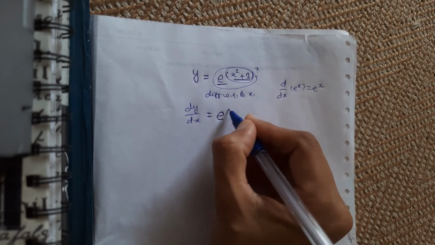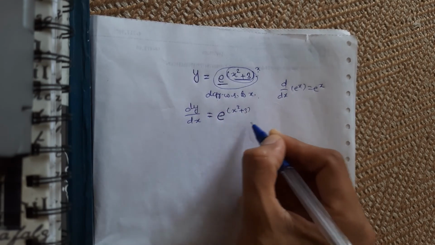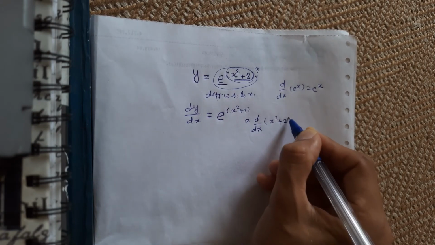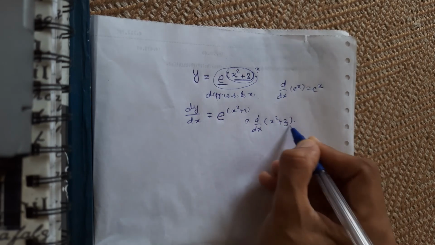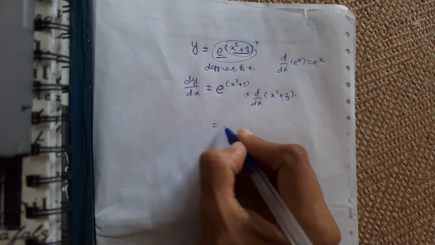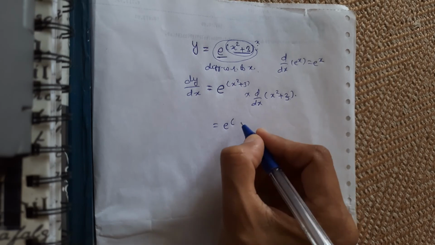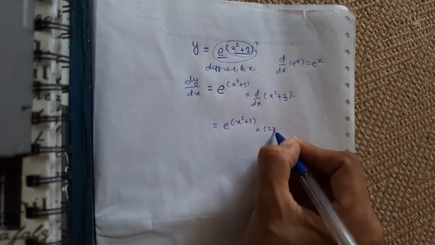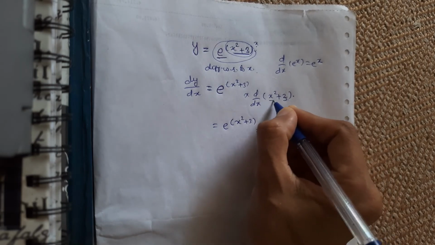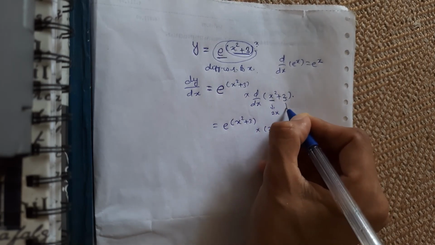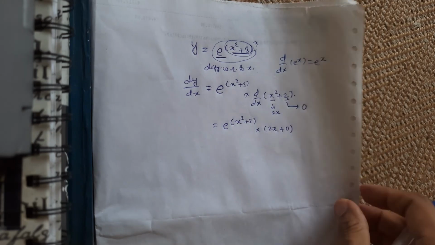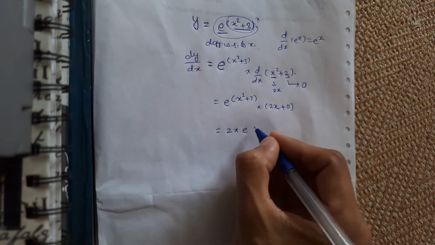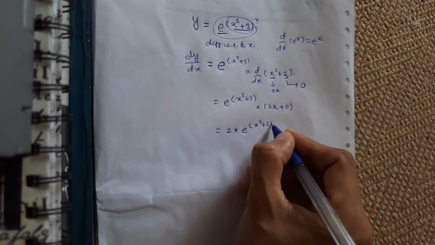But what is my x? x square plus 3, into derivative of x square plus 3. So now it is e^(x^2+3) into 2x plus 0. Derivative of x square is 2x, derivative of 3 is 0 as it is a constant. So now what I get is 2x e^(x^2+3).